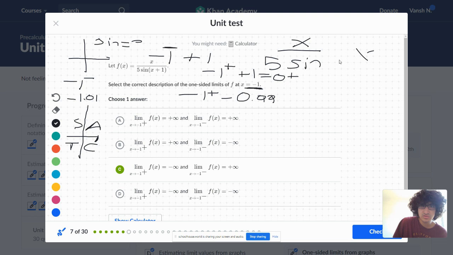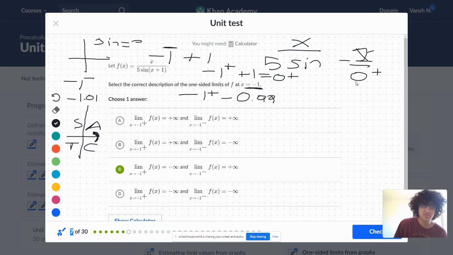So negative 1 over 0 plus will be equal to negative infinity, because that'll be slightly over here, in the first quadrant. Sine is positive there, so this whole thing is positive.